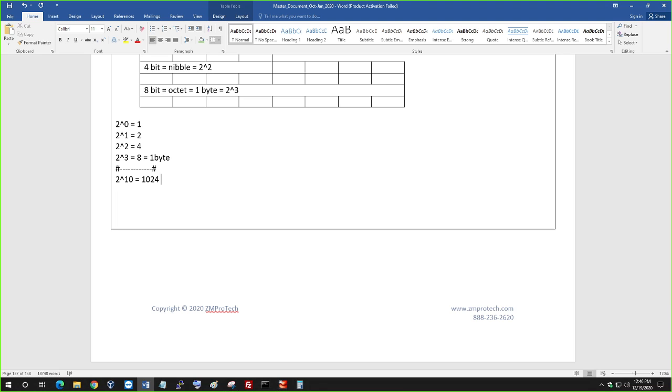Okay, and this one is equal to 1 kilobyte. Kilobyte means it has reached the 1000th place. 1 kilobyte. Kilo means 1000. One B. Okay, so it represents 1 byte.